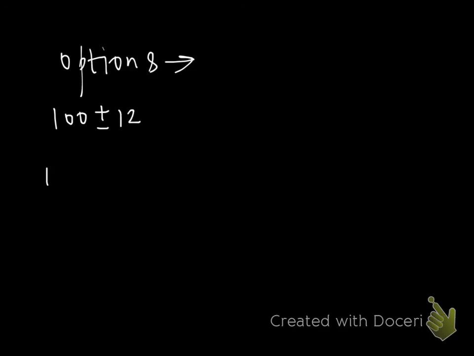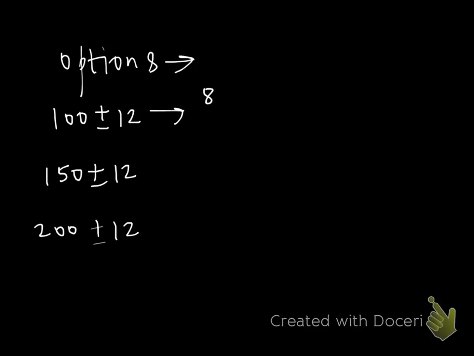Next is 100 plus minus something, then 150 plus minus something. That something is of course 12. So 150 plus minus 12, 200 plus minus 12, and so on. Have I stopped at 200? Because I know that the number is less than 200, we need not go further than 200.